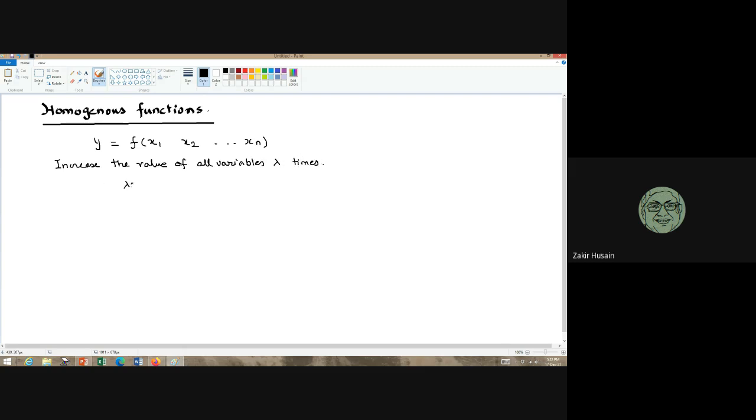So that means the variables take the values lambda x1, lambda x2, lambda x3, and so on.